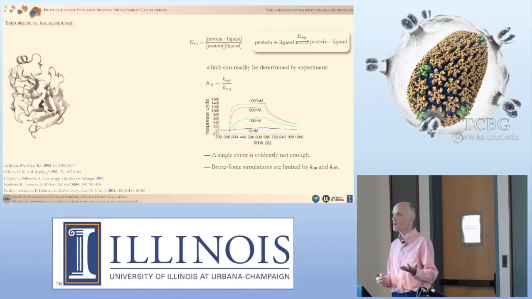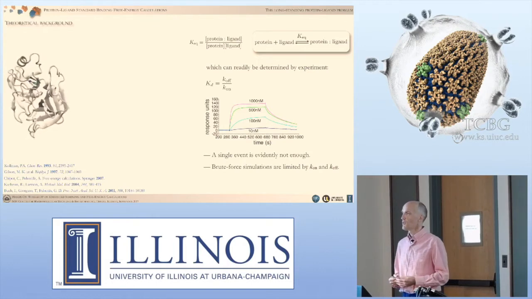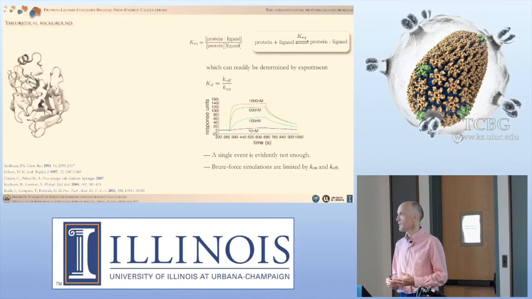Actually, in the first talk of ML, you saw a movie coming from the DE Shaw group of a spontaneous binding of a drug, and I think it was the beta-adrenergic receptor, which is a GPCR. If you remember the numbers, it happened over the microsecond time scale, and it was just one event.